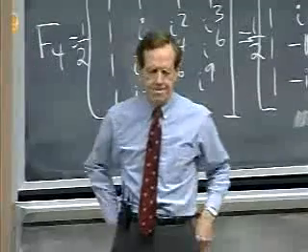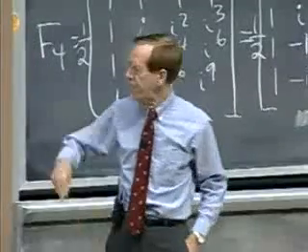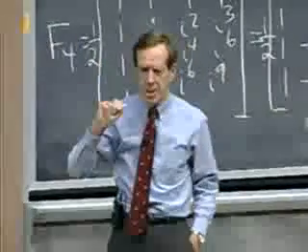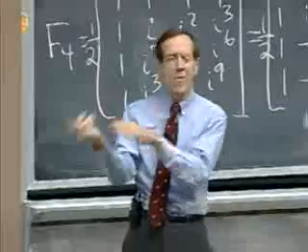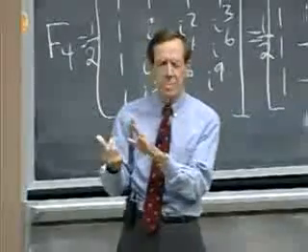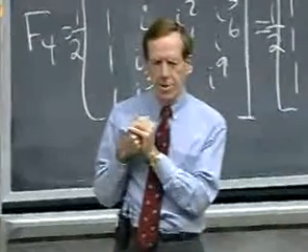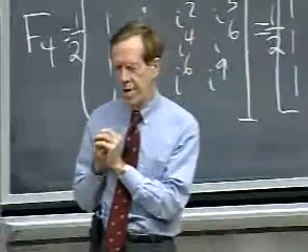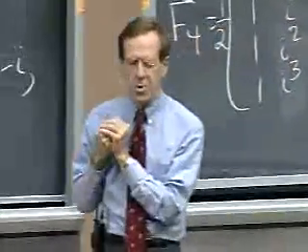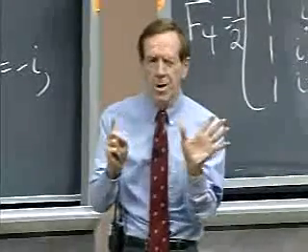Here's the idea. F6, our 6 by 6 matrix, there's a neat connection to F3, half as big. There's a connection of F8 to F4. There's a connection of F64 to F32. Shall I write down what that connection is?